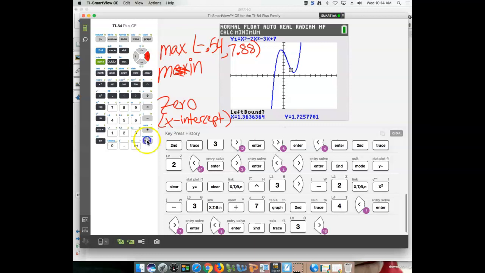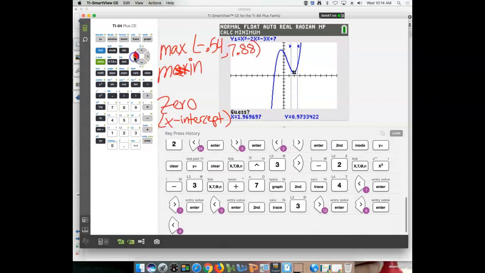Okay, so I'm going to hit enter, and then I'm going to go to the right of it, and a guess. Are we getting that for our min? Okay, all right, so we have 1.87 and 0.94. Okay, is everybody okay with that?